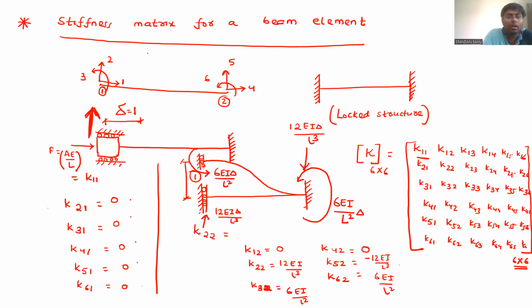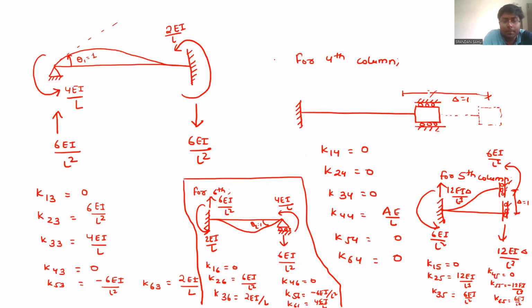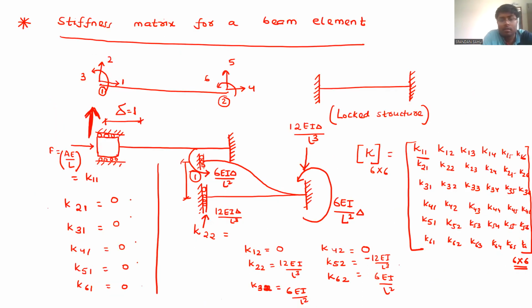So K11 is AE by L and the rest are 0. All are 0. K21 is also 0.